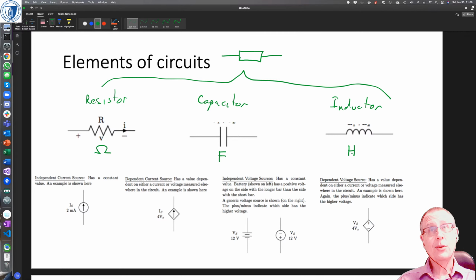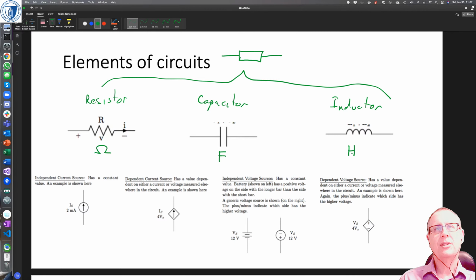Effectively what this course is going to do is resistive circuits for the first half, and that involves just using real valued numbers. Then when we introduce inductors and capacitors, we're going to do the same operations and algorithms again, but this time we're going to use complex valued numbers.